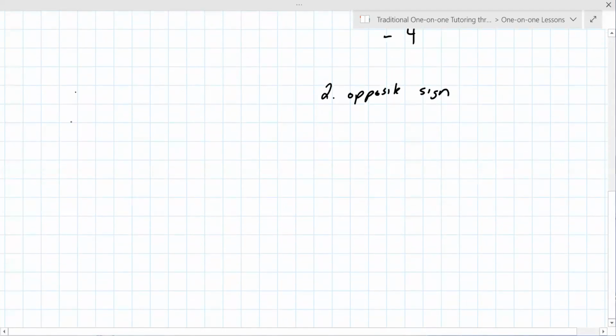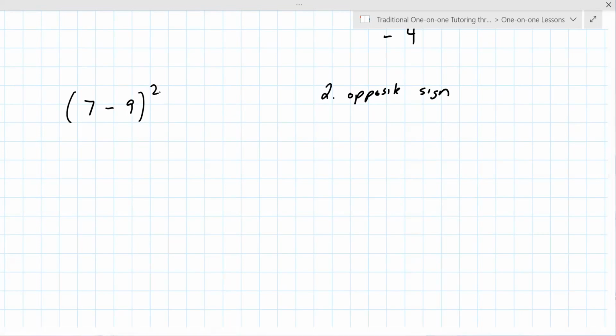So what is 7 minus 9 squared? What is 7 minus 9? Negative 2.